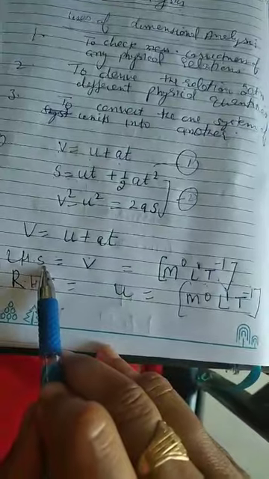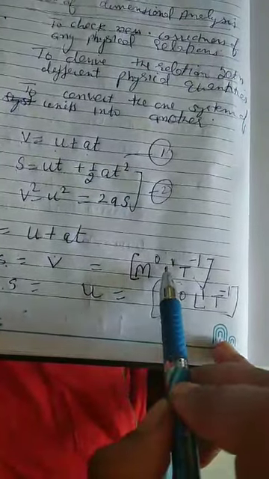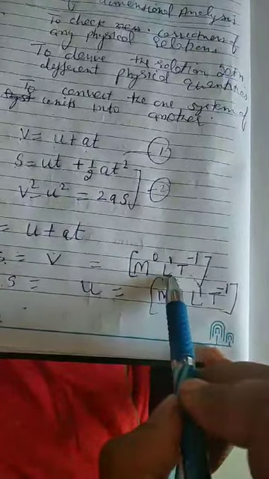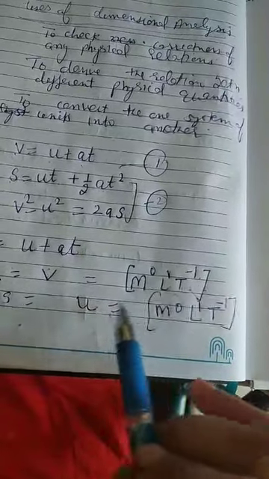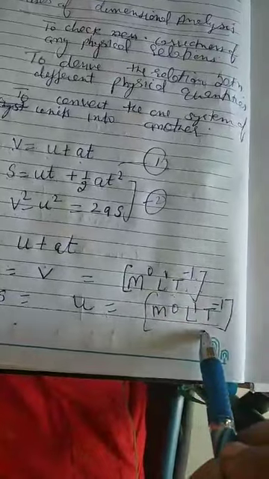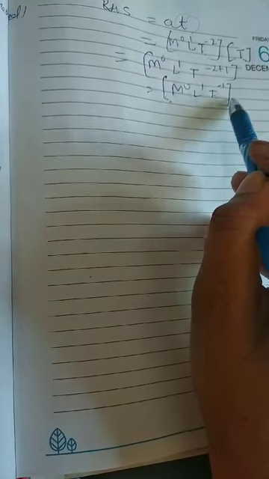Now compare the dimensions of left hand side with each term of the right hand side. Dimensions of left hand side is L T^-1. Now for each term of the right hand side, the first term was u, what are its dimensions? L T^-1, they are same. Similarly, the second term was at, what is its dimension formula? L^1 T^-1, same.